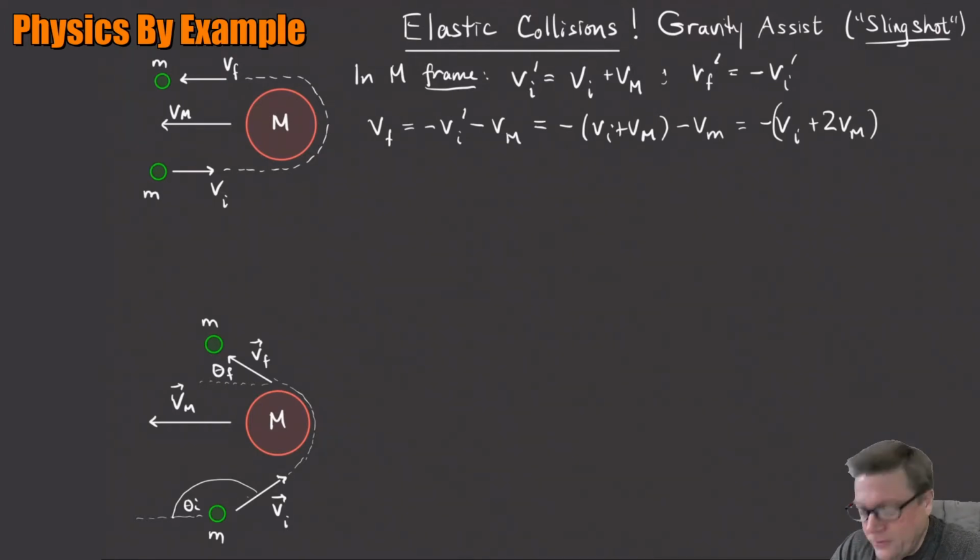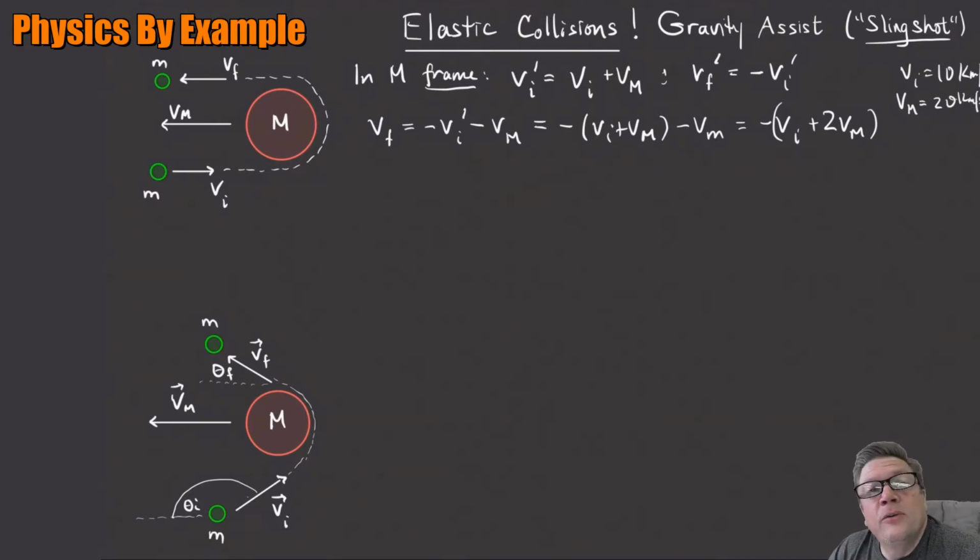So here's the cool thing. Suppose Vi is 10 kilometers per second, some typical speed of a space probe out in the solar system. And suppose a planetary speed out there, I don't know, the Earth's speed around the sun is about 30 kilometers per second, so let's just say 20.